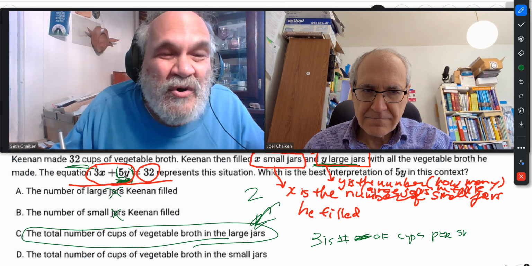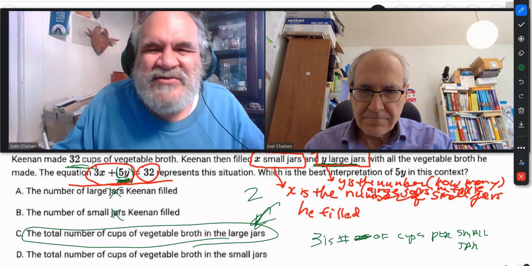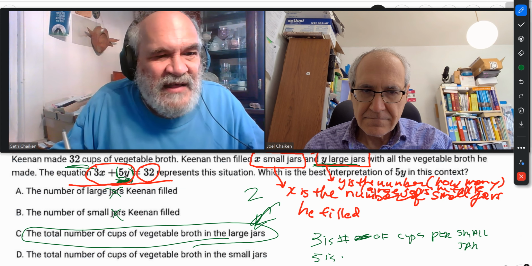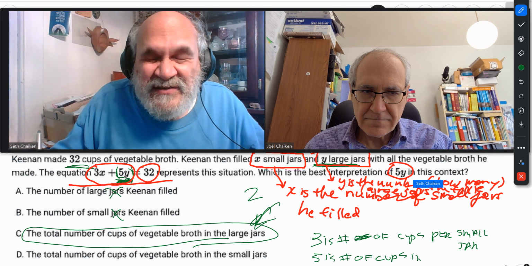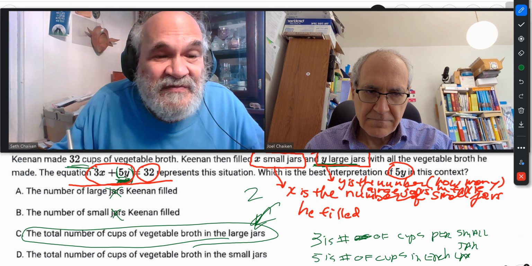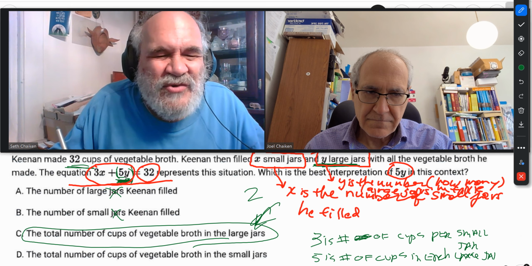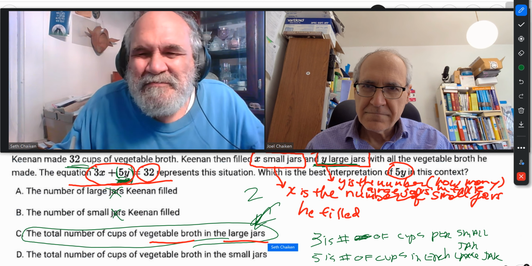You add them, the total amount of broth. Amount of broth is measured in units of cups. So that leads you immediately to the answer for what they're asking. What is the interpretation of 5y? It's the total amount of vegetable broth in the large jars.